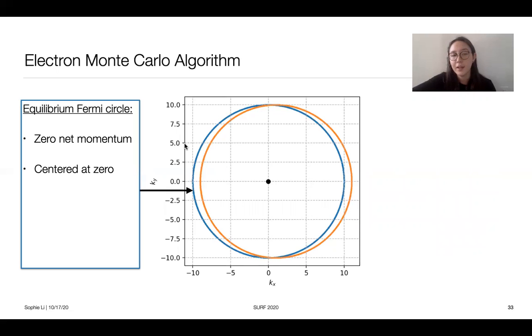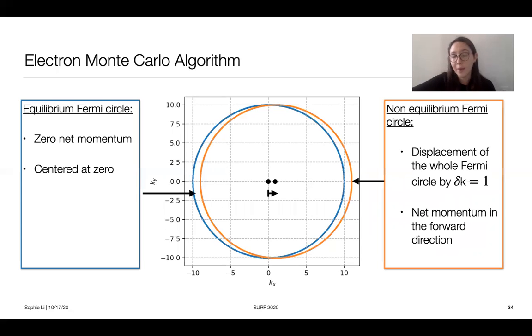And we start with an equilibrium Fermi circle. This blue one is centered at 0, which means that there is a 0 net momentum. However, under some kind of force, for instance, a voltage, the equilibrium Fermi circle is shifted. In K-space, this means just a horizontal shift, but it actually means that there's a net momentum of the electron gas in the forward direction.